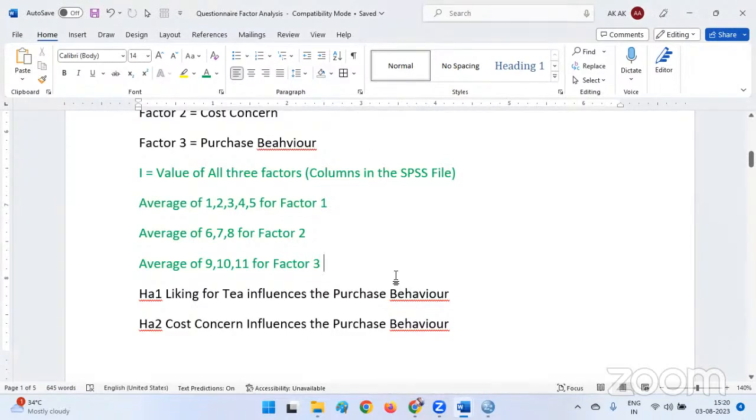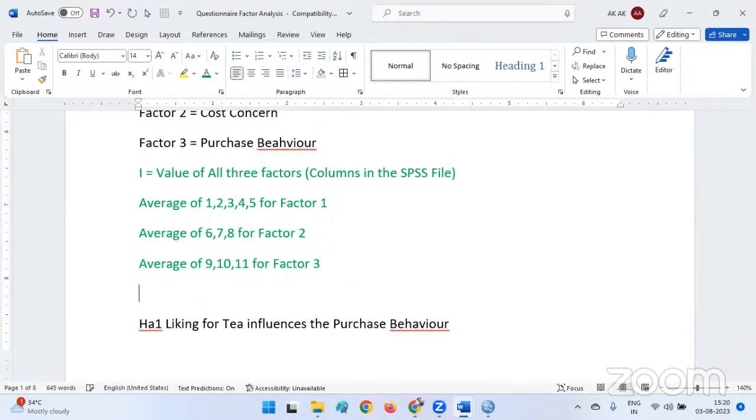Now, this is method 1. What is method 2? Method 2 is factor scores. We save the factor scores while applying factor analysis.